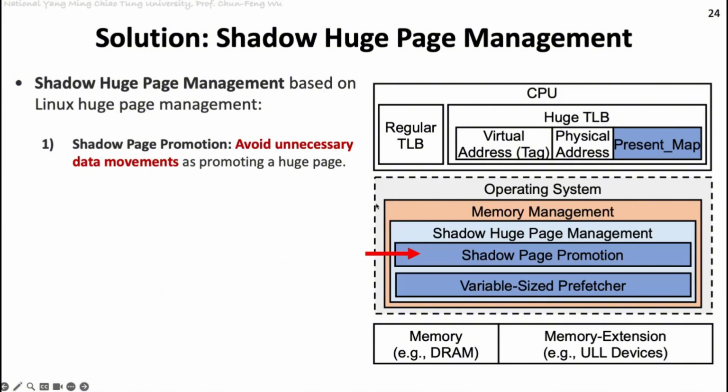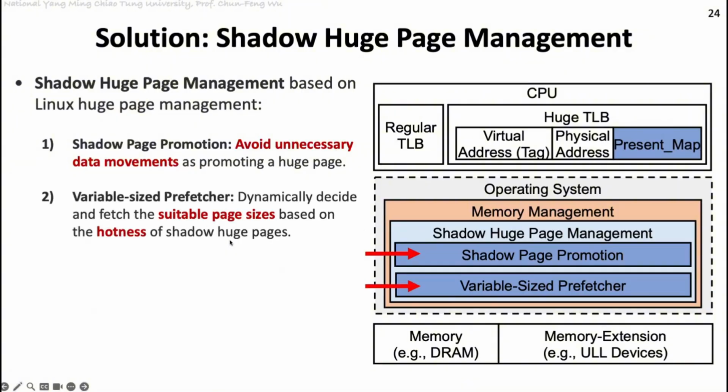If you are going to do huge page promotion, you need to read out a lot of 4KB pages from the storage device, and then group them inside the memory to make them continuous on the physical address. So it takes a lot of time, and we are trying to alleviate this overhead. And the second one, as I mentioned, is how to support variable size pages, and how to decide what kind of pages we are going to use. So we have a variable size page prefetcher.